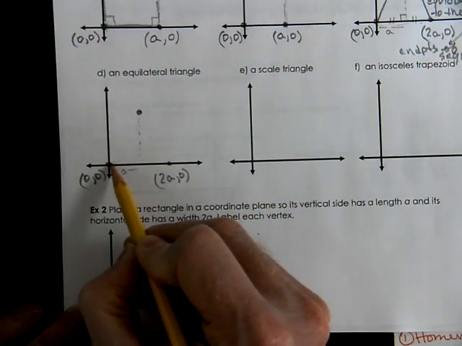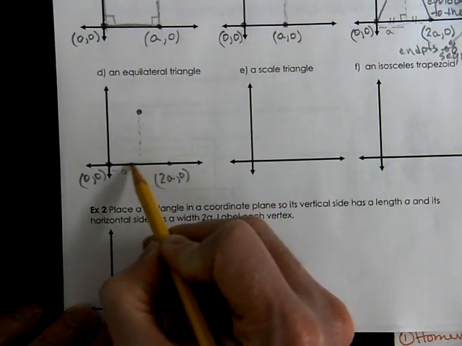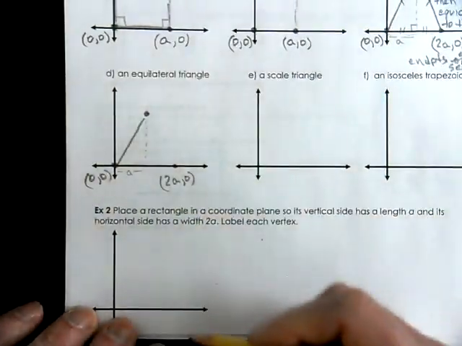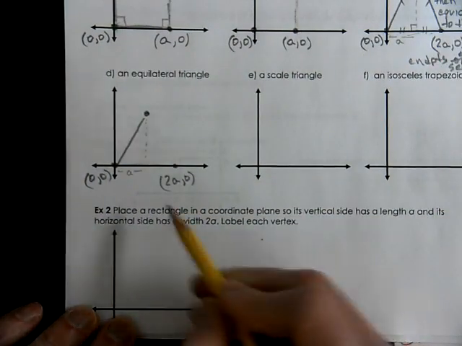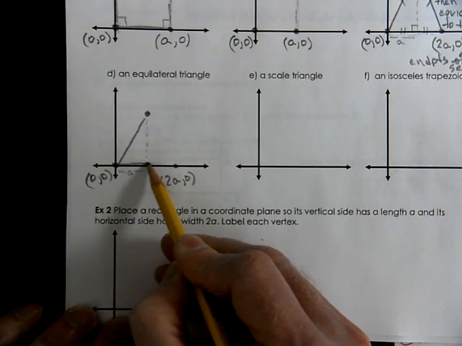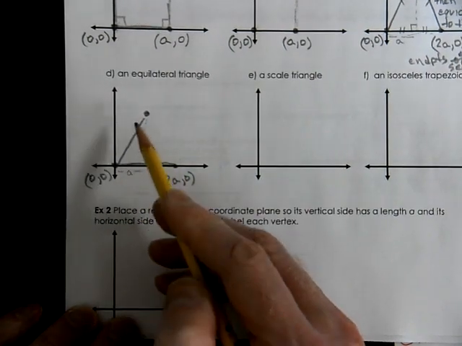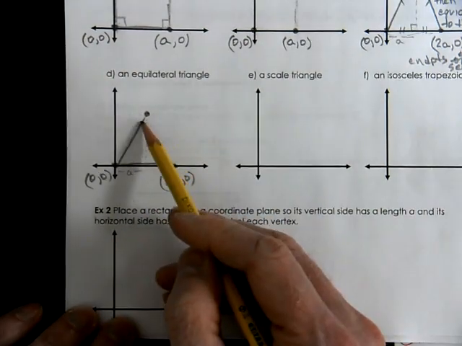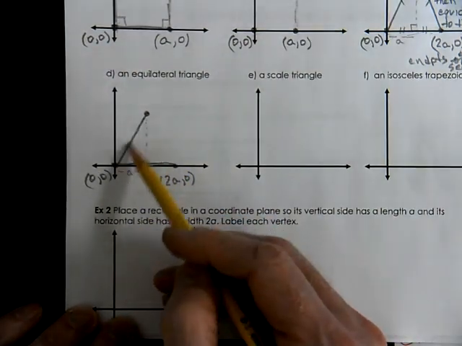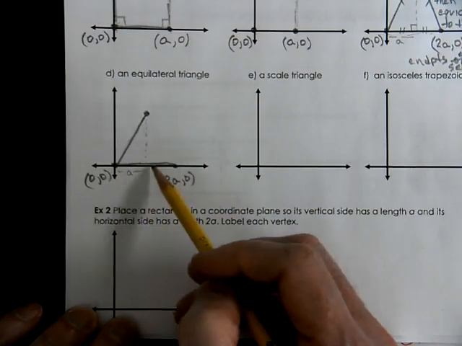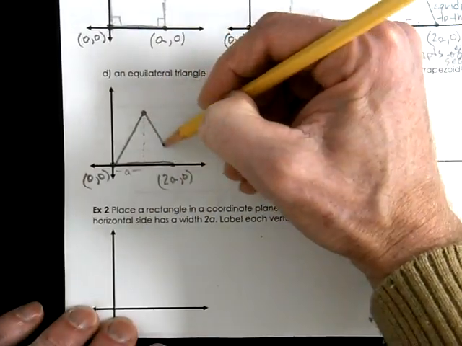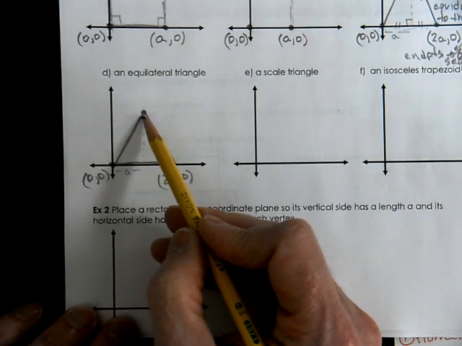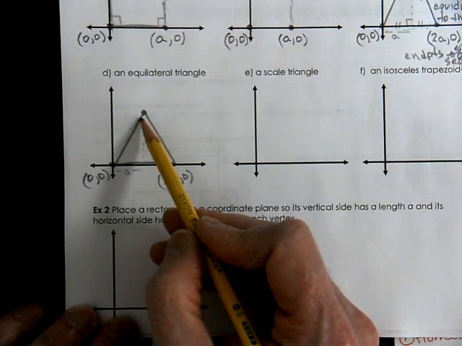So, if this is 2a, what do we suspect this side to be? If this is 2a, and this is an equilateral triangle, what length is this? 2a. It's got to be the same. And this side has to be the same. So, is this height at a special spot, or can it be anywhere?